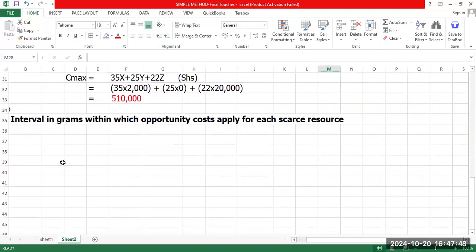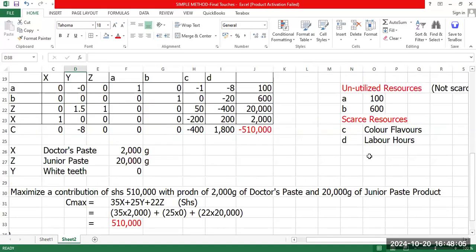So you will handle one by one. You will get the interval for color flavors. You get the interval for labor hours, because you have confirmed that those are your scarce resources.